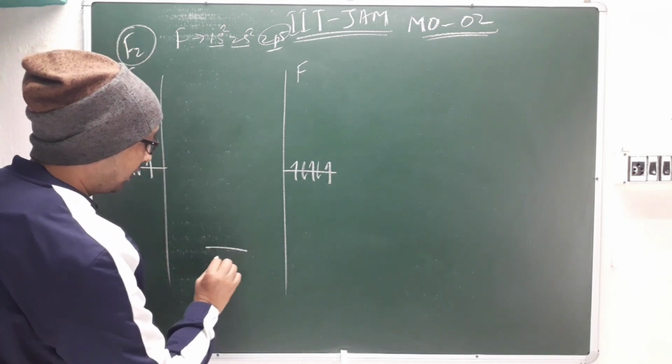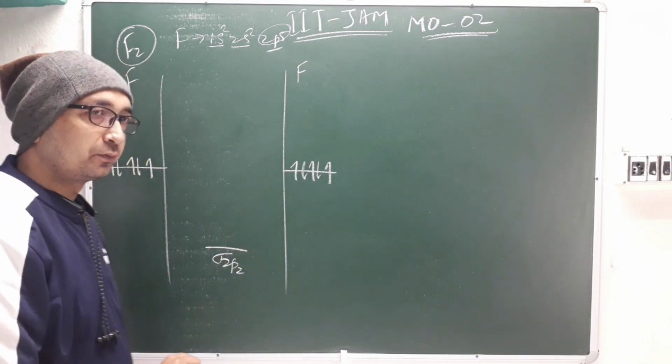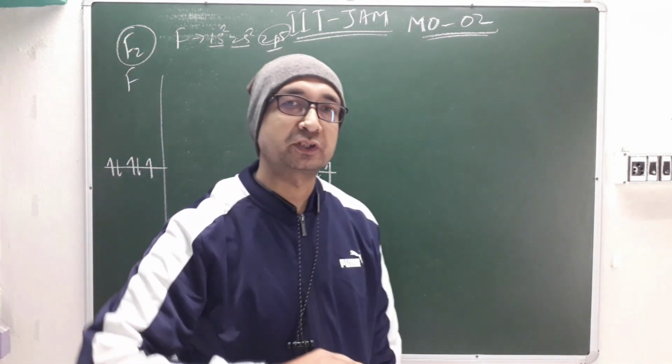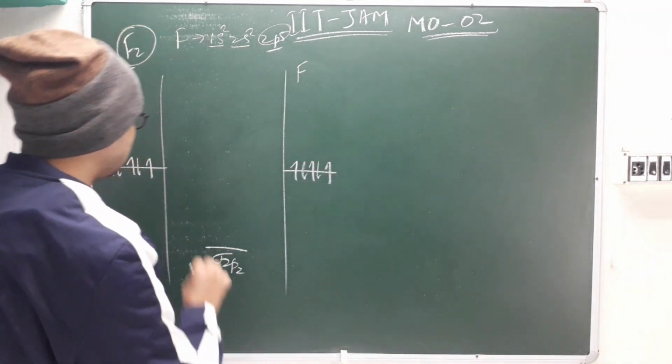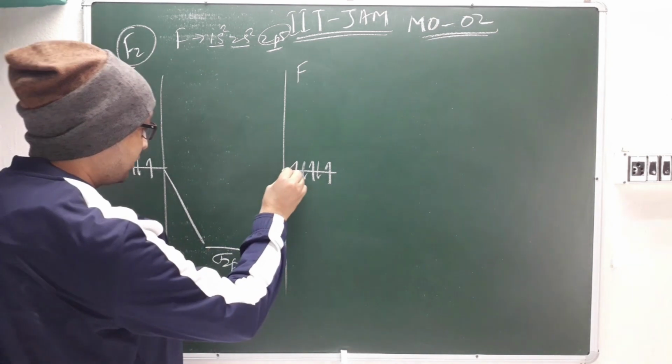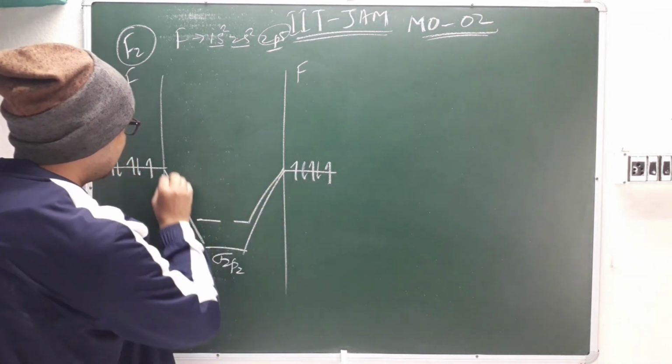It will be sigma 2pz. Why? Because here sp mixing is not possible, because the s and p orbital energy gap is very high. So here sigma 2pz.